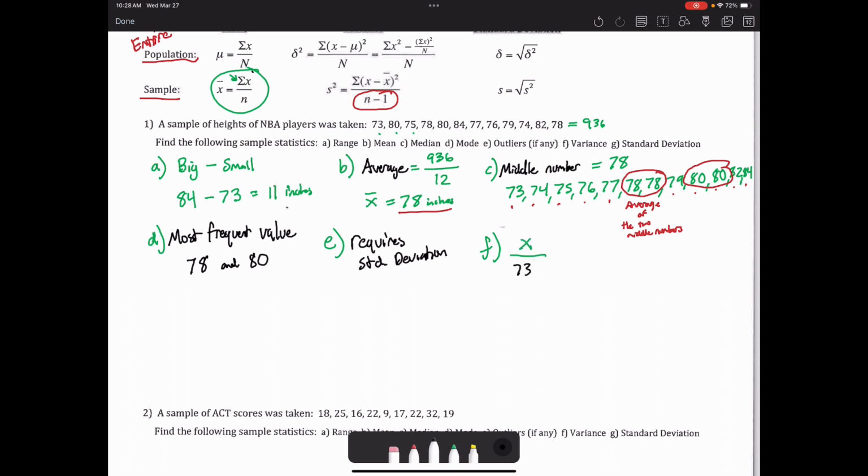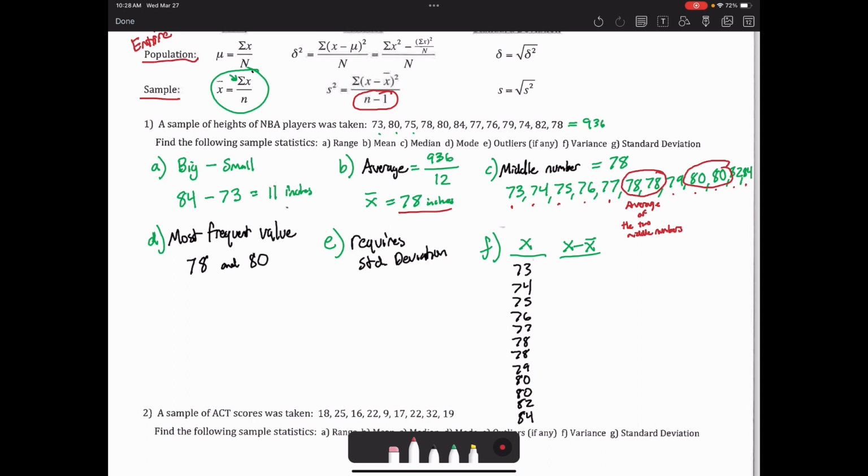I've got 73, 74, 75, 76, 77, 78, another 78, 79, 80, another 80, 82, and 84. What I'm going to want to do with each of these is calculate the distance it is from the mean. How far are each of these away from the mean?